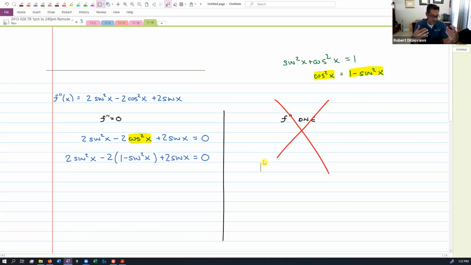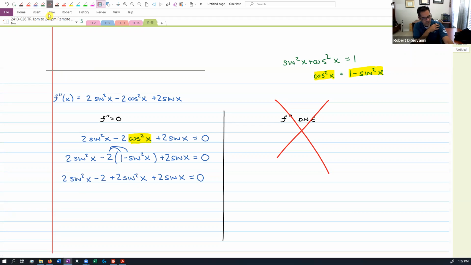The whole plan here is to get this in terms of just sine, not sine and cosine, so I'll have to do some more work. I'll distribute a -2 through. So 2 sine squared x minus 2 plus 2 sine squared x plus 2 sine x equals 0.